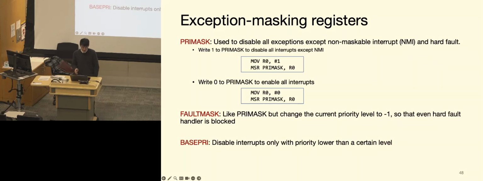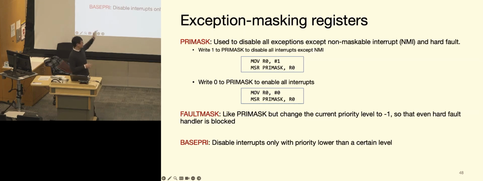And we also have the fault masks, which set the priority level to -1, so even the hard fault handler is blocked. Essentially, only the reset and the really critical NMI interrupts will be able to interrupt whatever you're doing here.